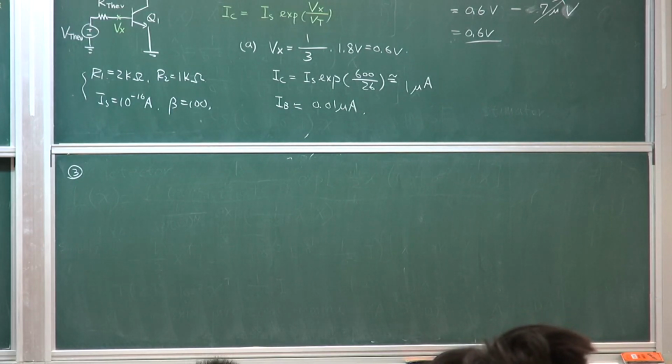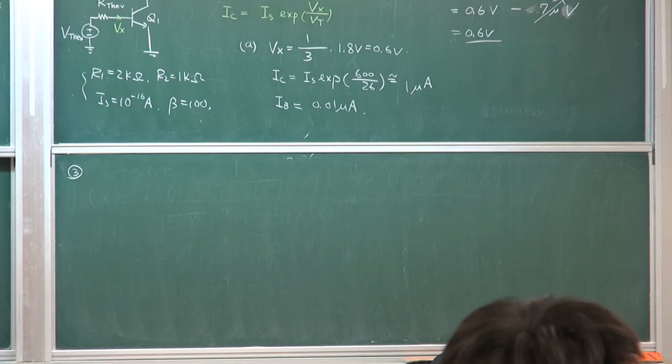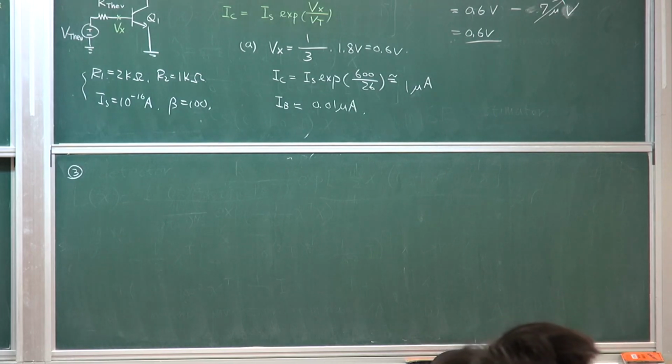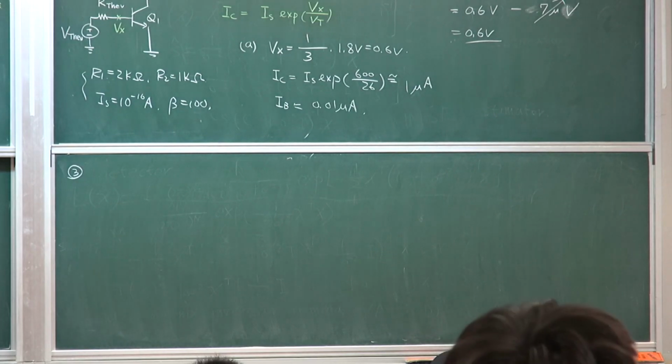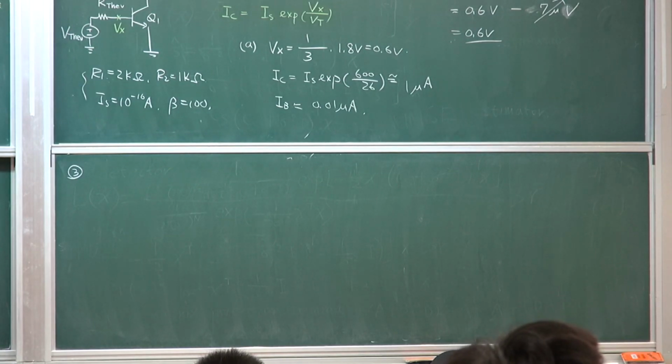So what are the unpredictable parameters in this equation? First of all, IS, even though I give you a number, is also not a very well controlled parameter. And the other significant problem is that Vx is in an exponential equation.